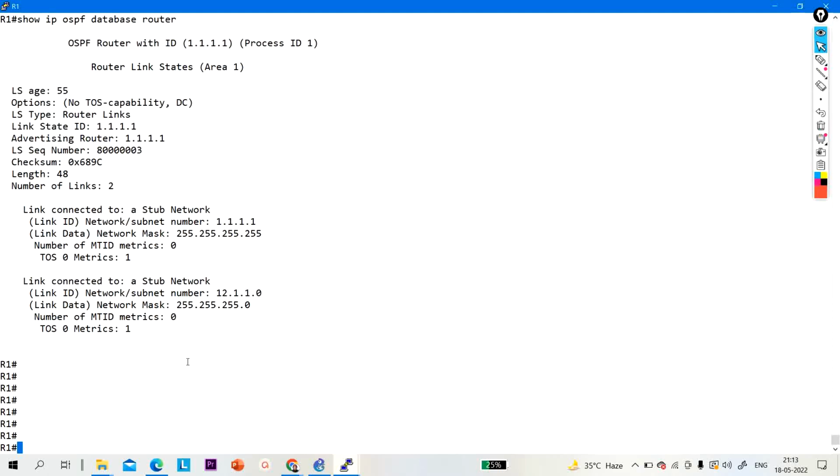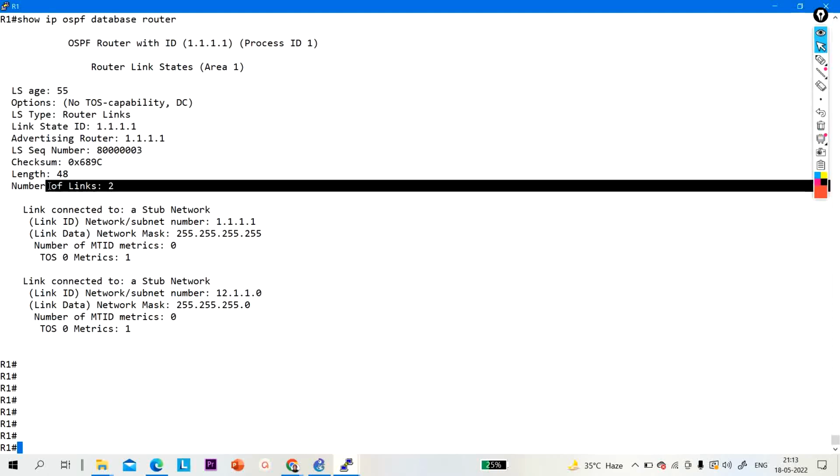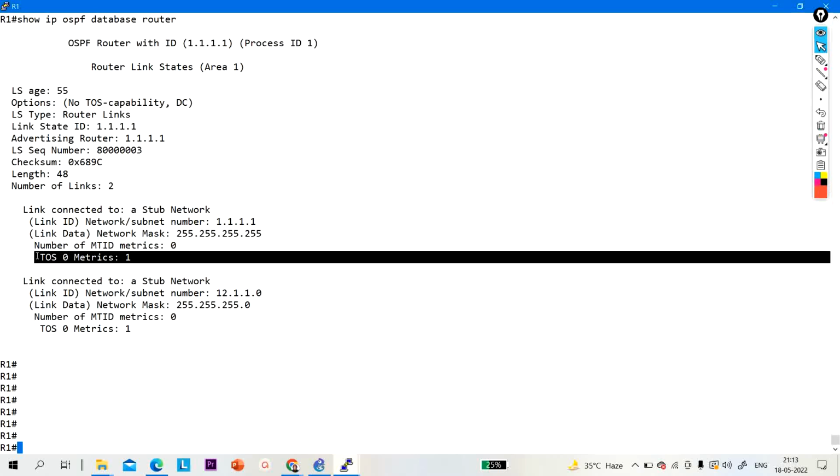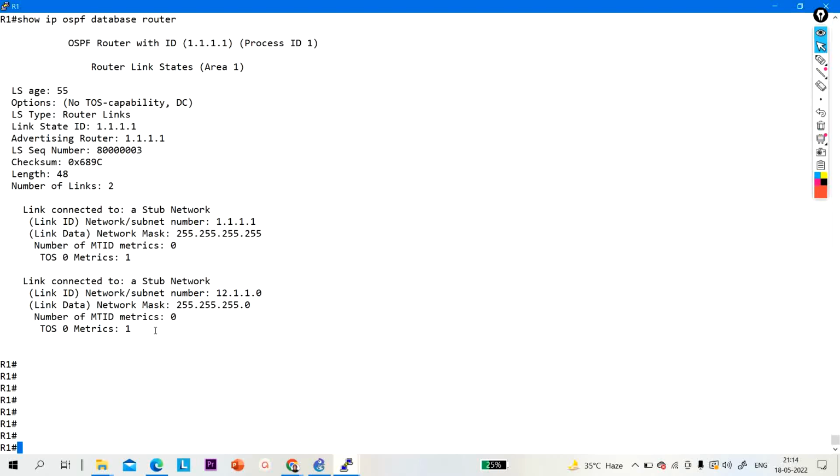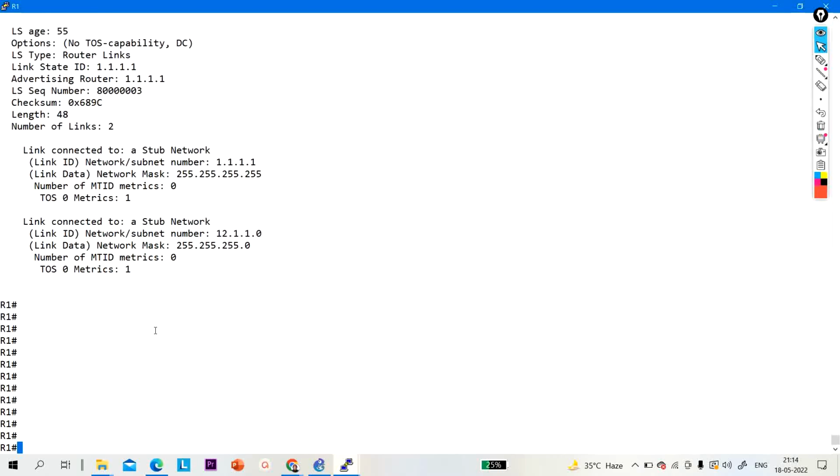Okay, so now there is information of two links, right? This is definitely a problem of GNS3, or it might be possible that in GNS3 the cost for the loopback interface is fixed, but in a real scenario it gives a default cost metric of 0 to the loopback interface.